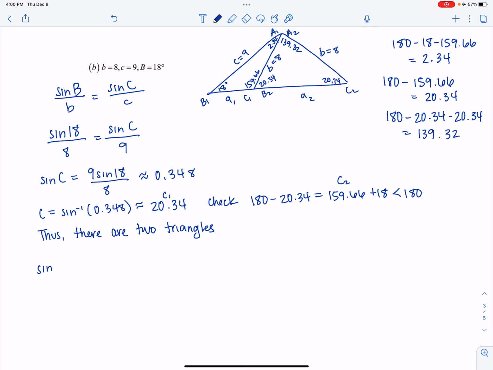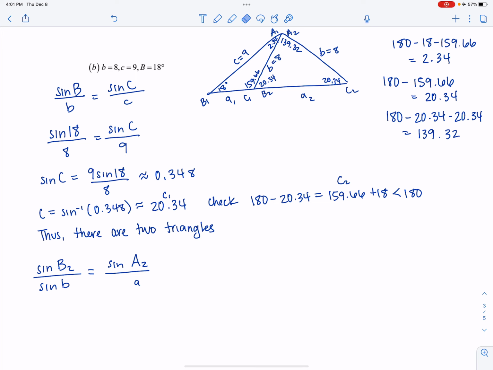I suppose we can do sine of B2 with sine of B, which equals sine of A2 over sine of little a, or not sine.